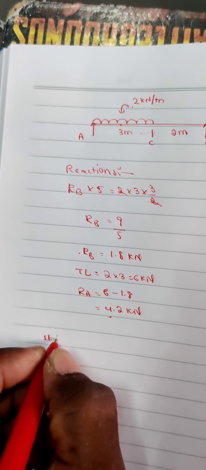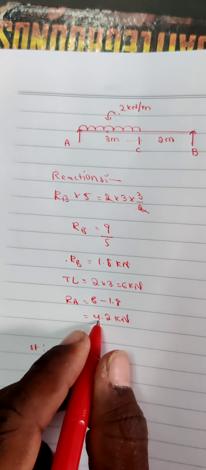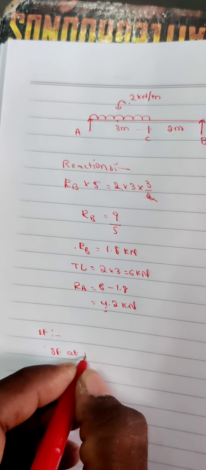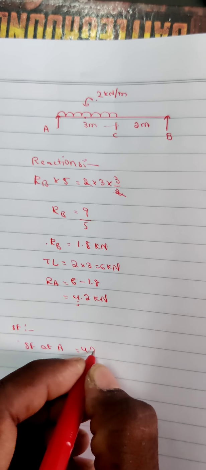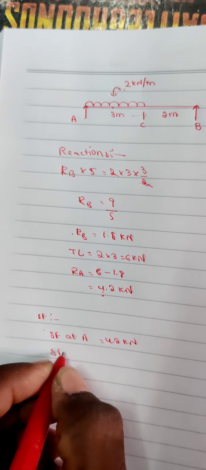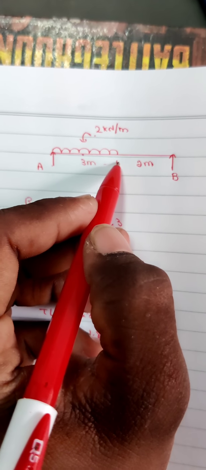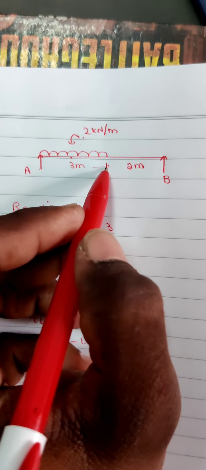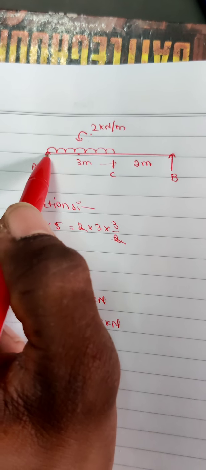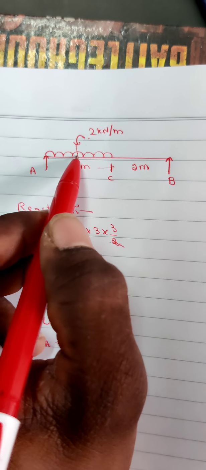Now shear force. The reaction at A is equal to the shear force at A. So shear force at A is 4.2 kilonewtons. Shear force at point C: we consider all the forces acting on the left side of C, an upward force and a downward UDL.